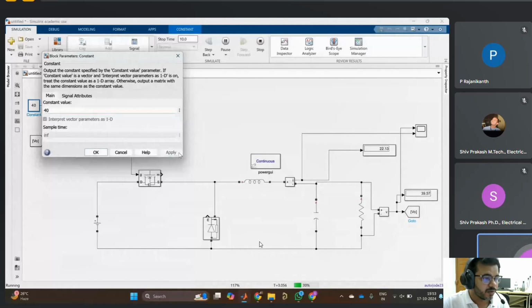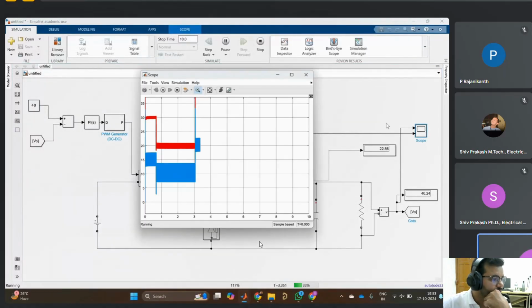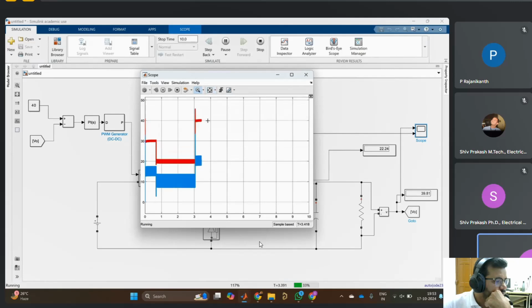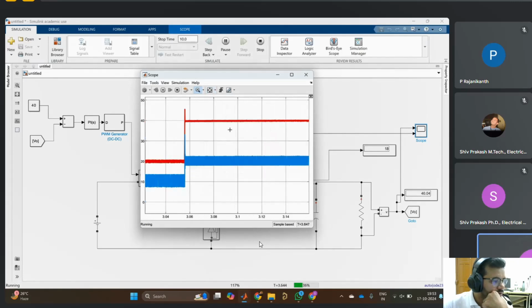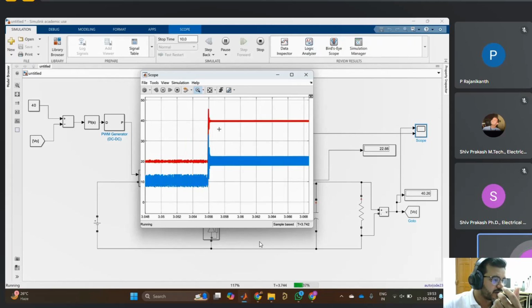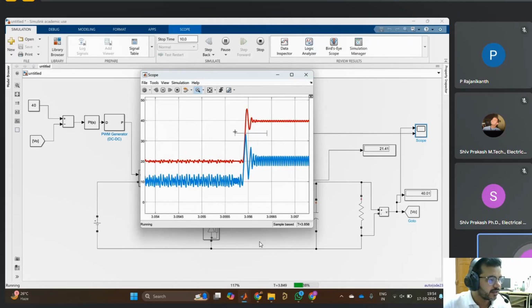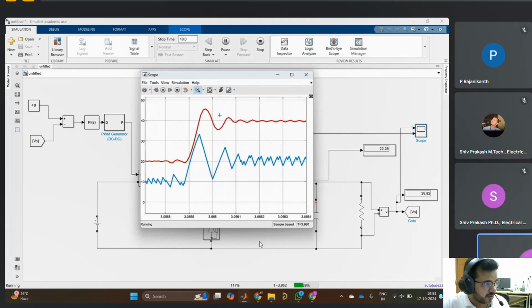Want to give 40 volt? Yeah, this will be 40 volt. By using different values of the proportional and integral gain, you can adjust the overshoot of the output voltage.